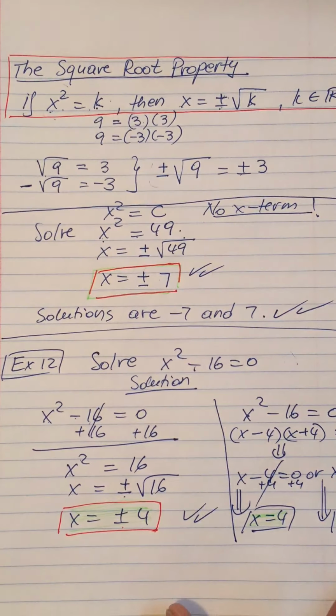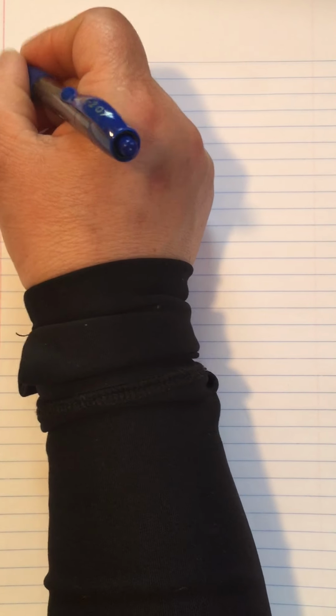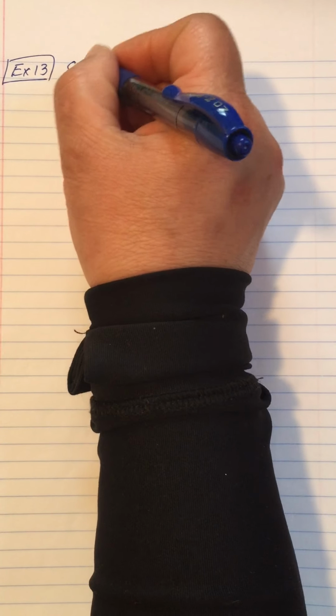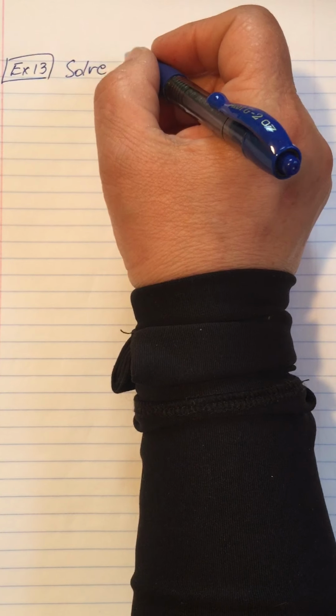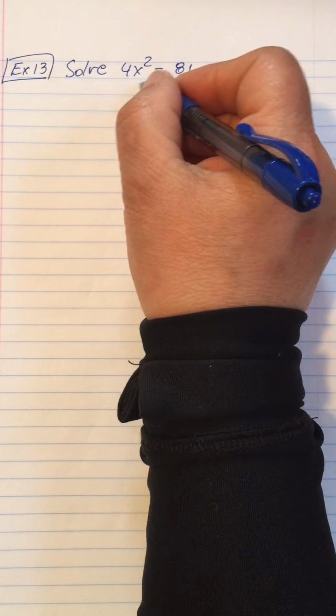Now I'm going to use the square root property because you know factoring already. This is a new thing. So example 13. I want to solve 4x squared is equal to 81.